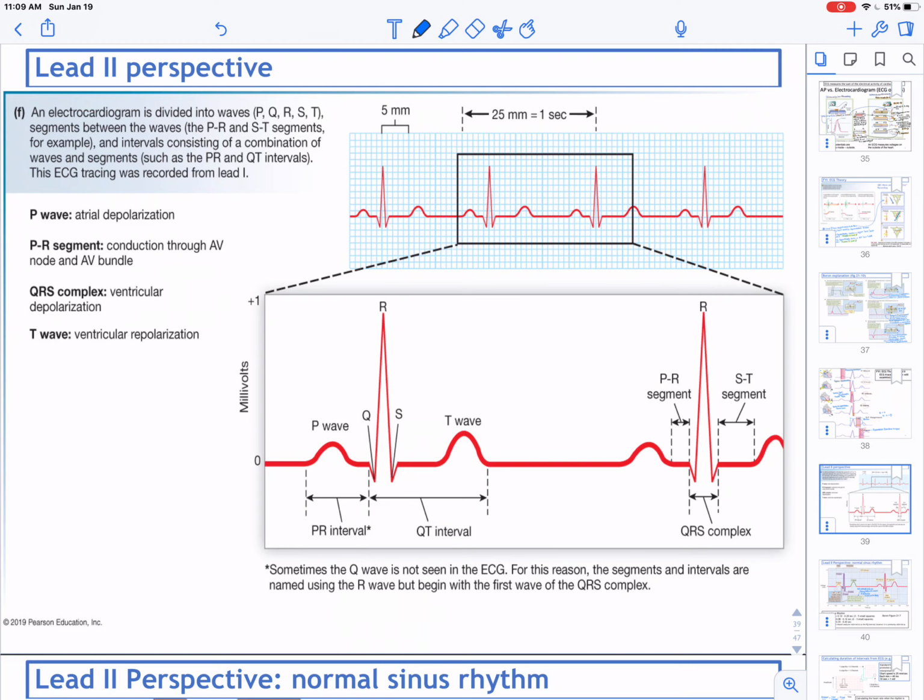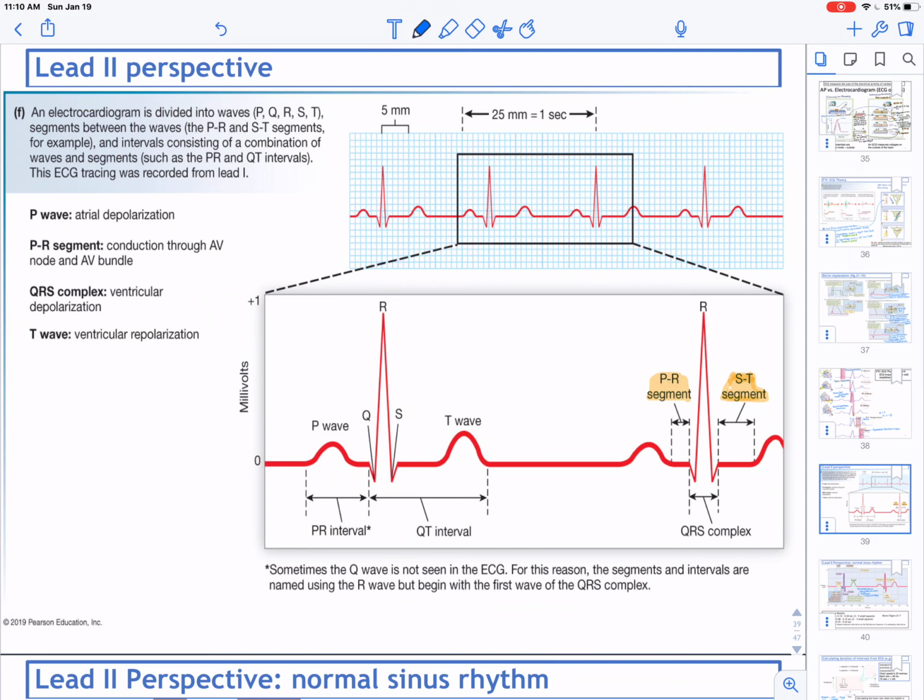So the PR segment is isopotential because the cells whose activity we can read on the surface of the body are the atrial cells and the ventricular cells, and the atrial cells are depolarized at this time, all of them. And then the ST segment is when the ventricular cells are all in that same state of plateau phase depolarization.